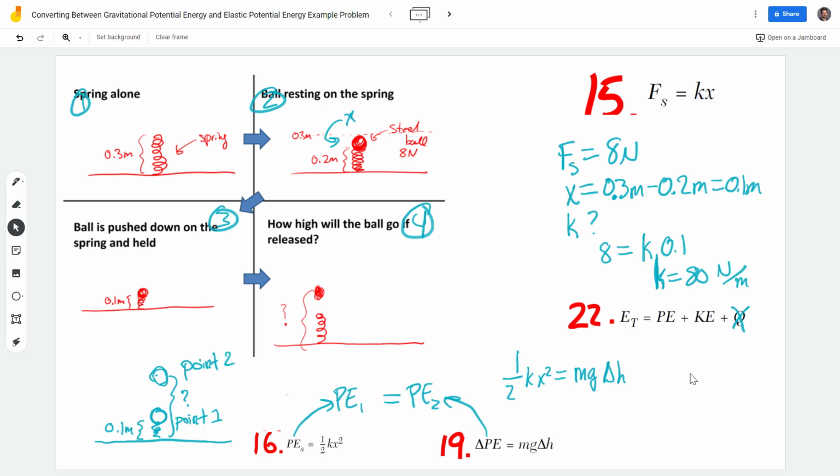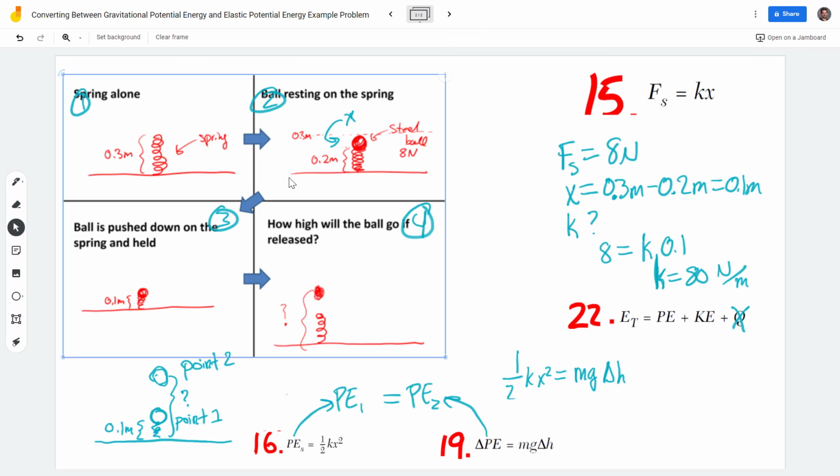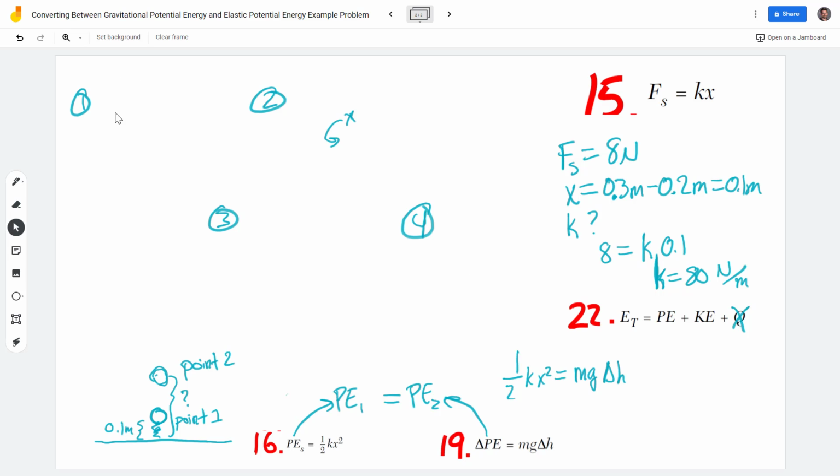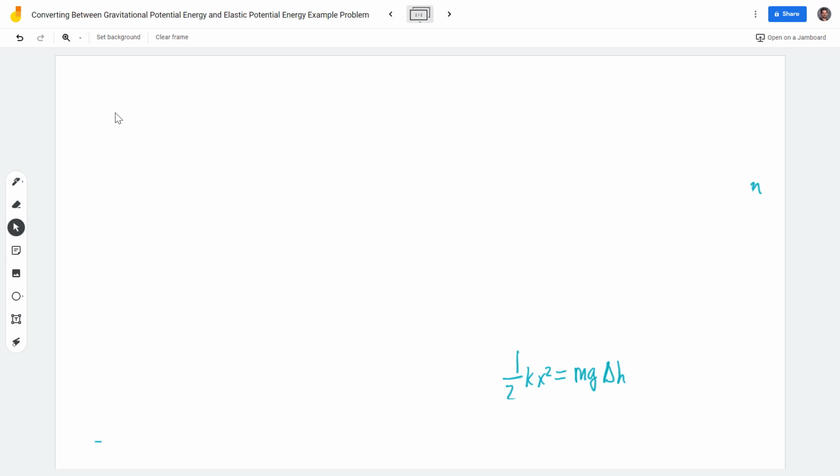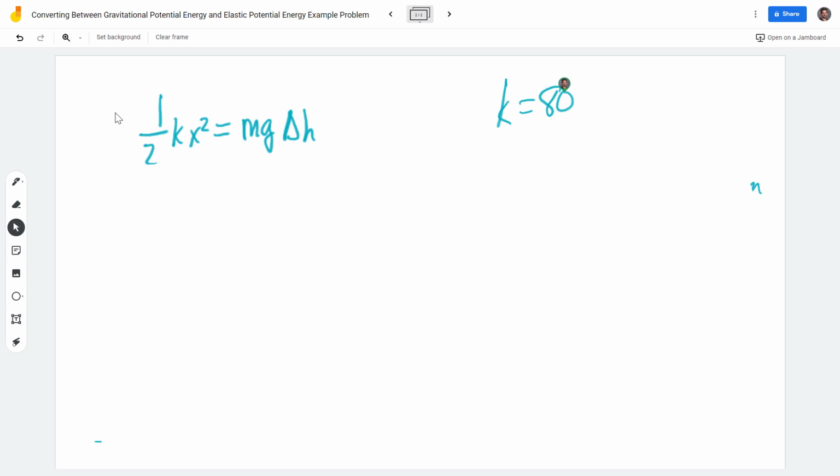Let's put our variables in there. We know that k is 80 newtons per meter.